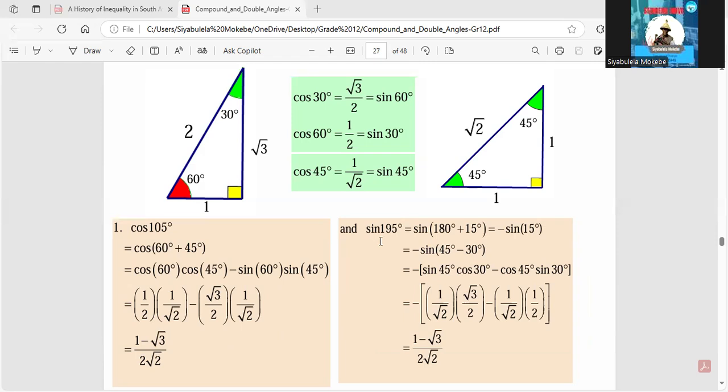And then with this one, again, you could have written it as sine 195 is equal to sine of 90 plus, it's going to be 90 plus what? 105. Yeah. Which will then be cos 105. So yeah, either way.